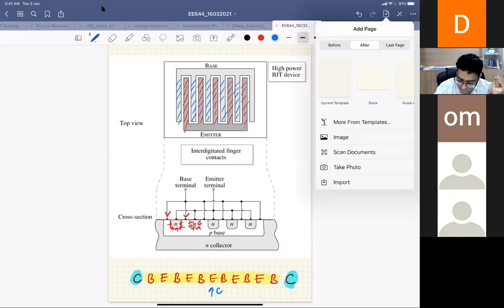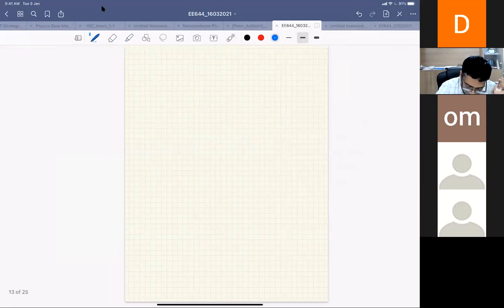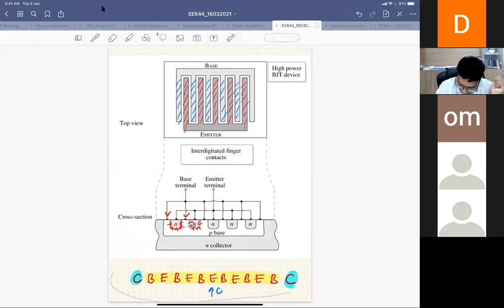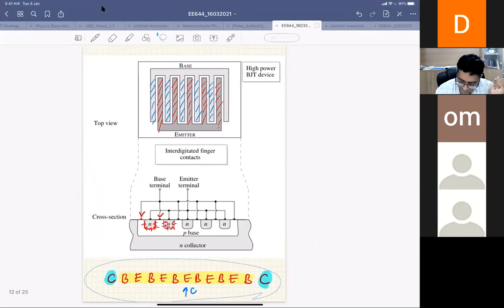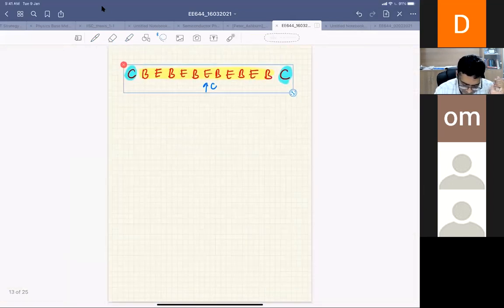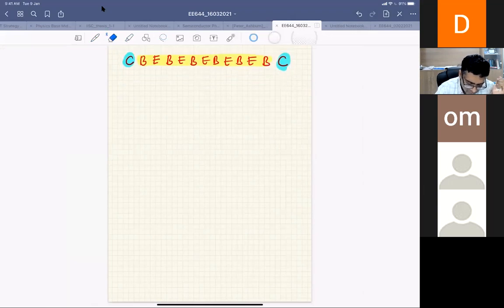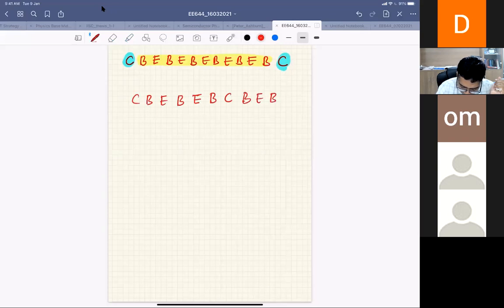So I could have something like this. Here I have divided it: two emitter fingers here and two emitters here, so in total I have four emitter fingers.